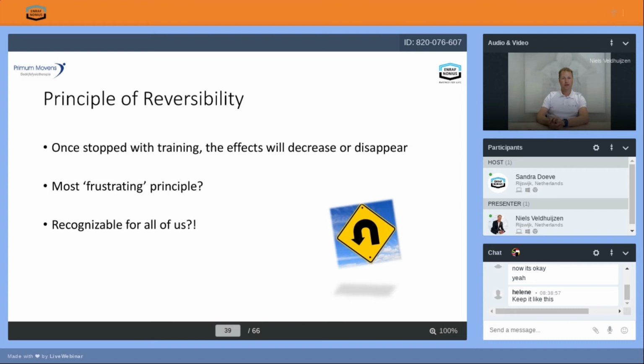And I personally think that's a development error in the human body. But okay, that's more personal, I guess. I think everybody recognizes this, that all the effort that you have put into it in your life, it's too bad. It's only effective for a certain amount of time. It's the use it or lose it principle, as we say it.